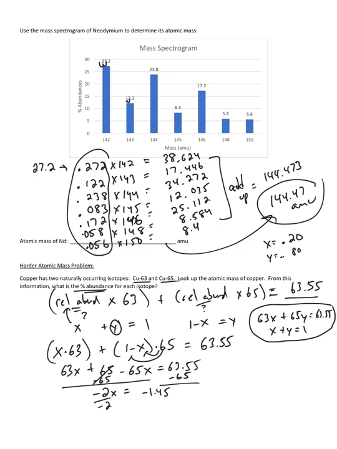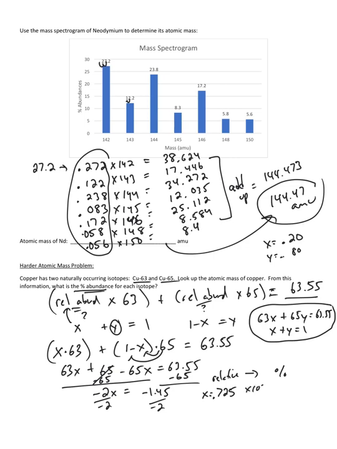Dividing both sides by negative 2, again, going through order of operations, I get a value of X being 0.725. Now this is the relative abundance. To get percent abundance, we just simply convert to a percentage.